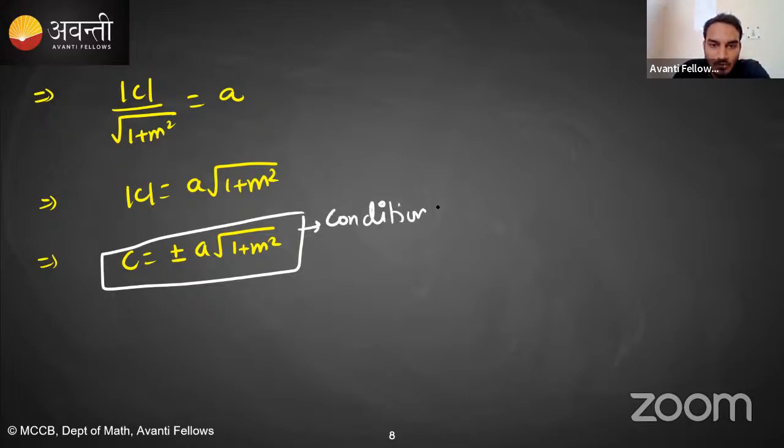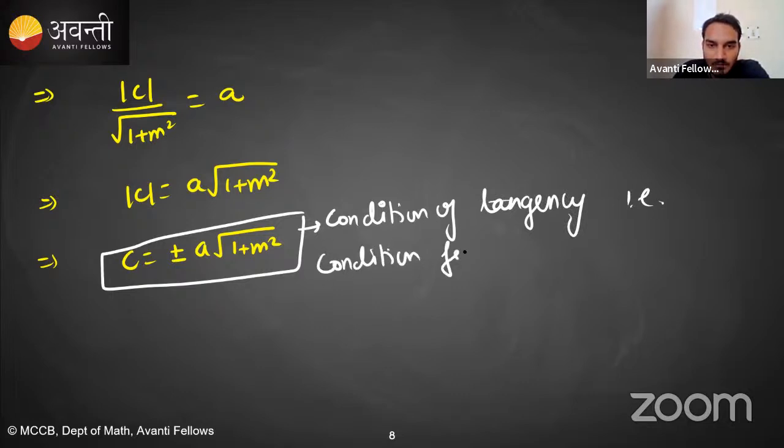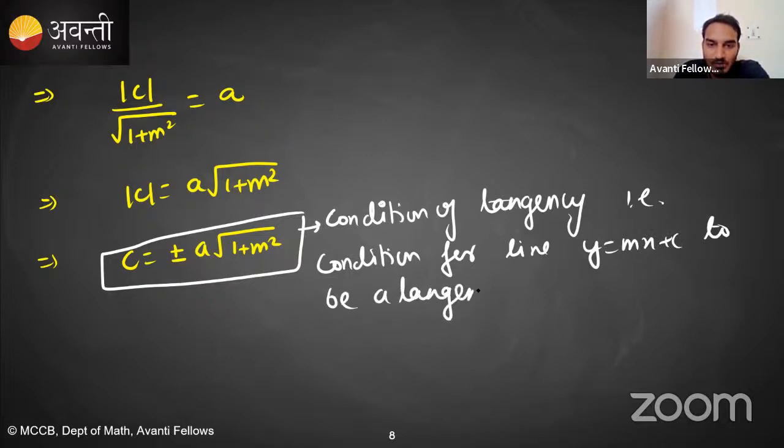That is the condition of tangency for the line y = mx + c to be a tangent on the circle x² + y² = a². Clear?